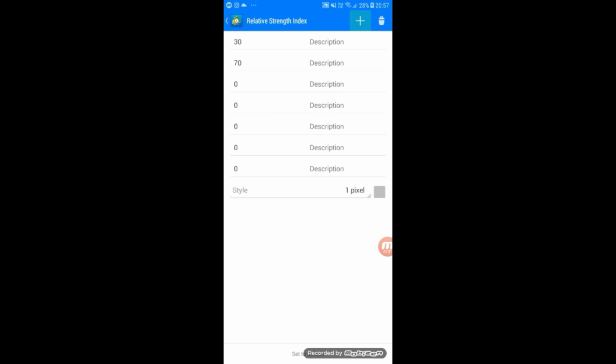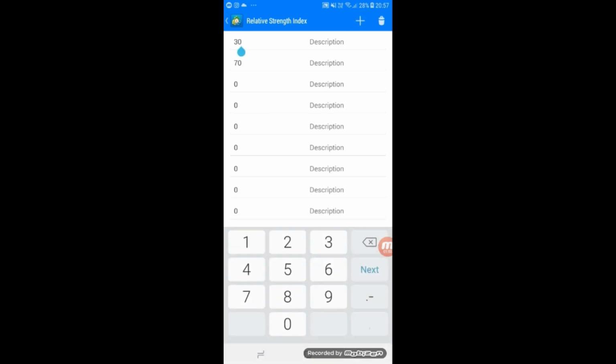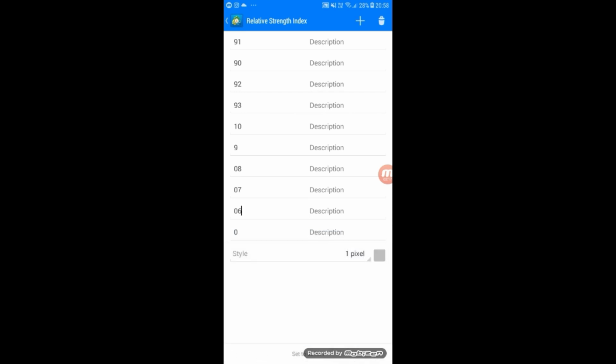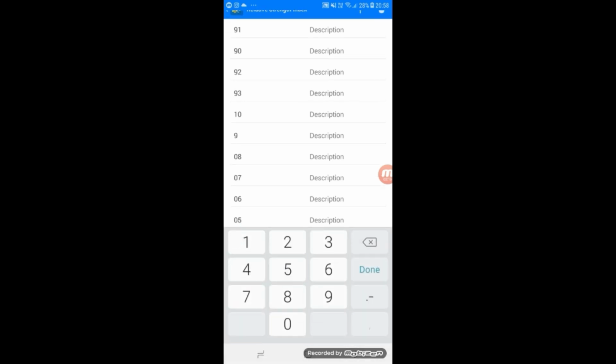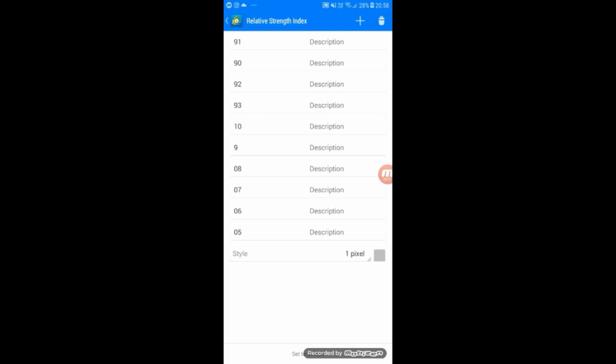You click this, then you put 91, 90, and then 92, 93. Then here you put 10, 9, 8, 7, 6, and you can also add 5, and then you press done.